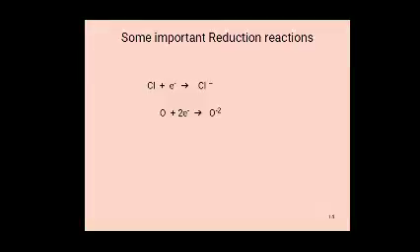Some important reduction reactions are Cl gaining 1 electron to form Cl-, and oxygen gaining 2 electrons to form O-2. This is oxidation and reduction.